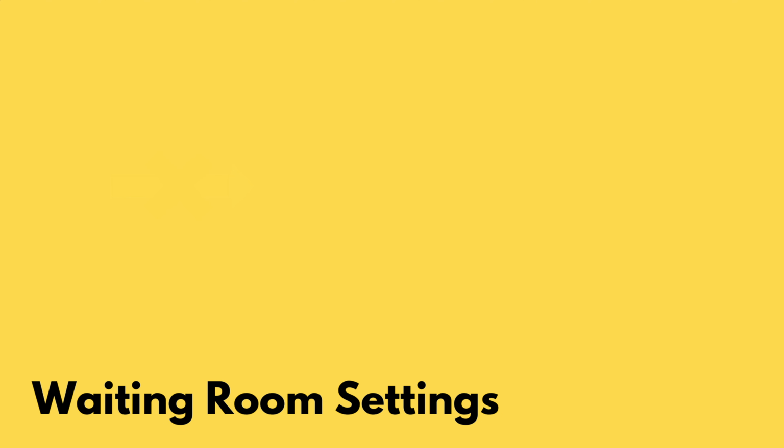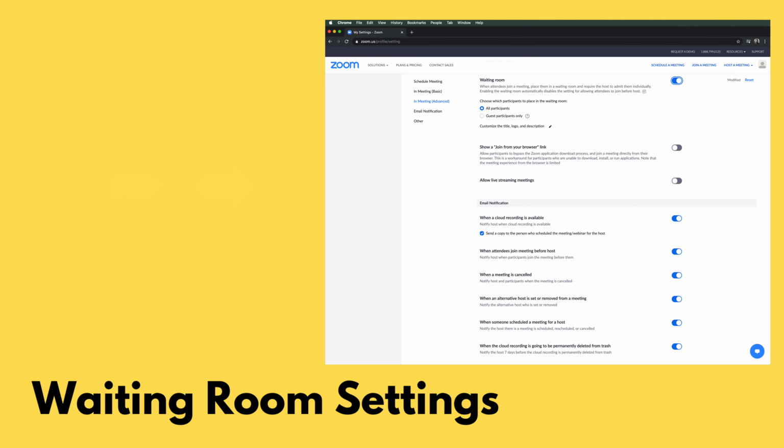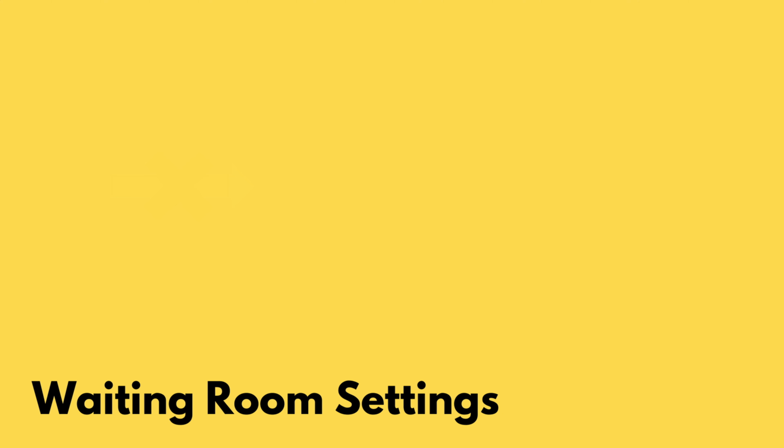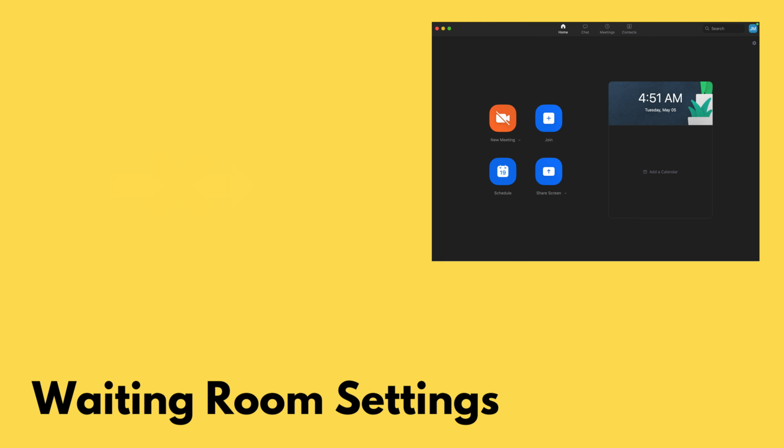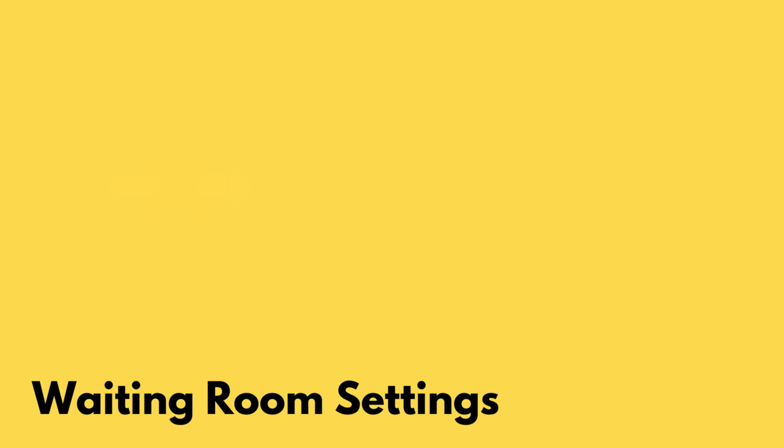One way is to go through the Zoom web client and access the global settings, and this will affect all meetings you schedule. And the two other ways involve using your Zoom desktop client, where you can enable waiting rooms when you are scheduling a meeting or during a meeting. If the waiting room option is enabled, the join before host feature will not work for that meeting.